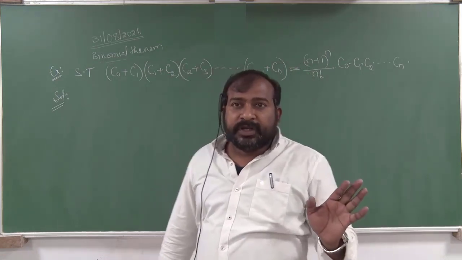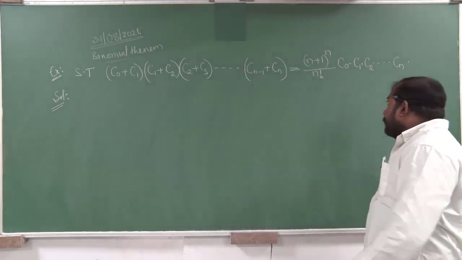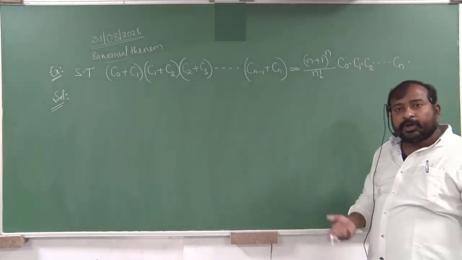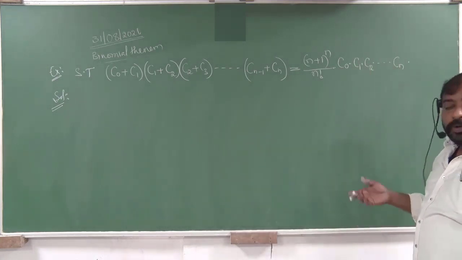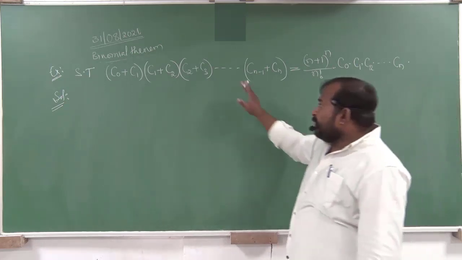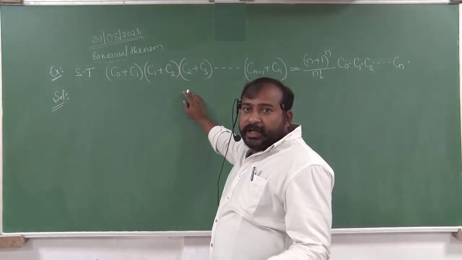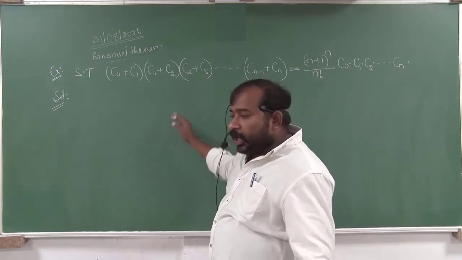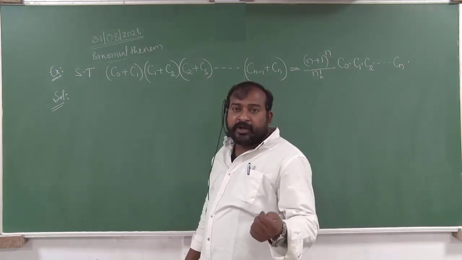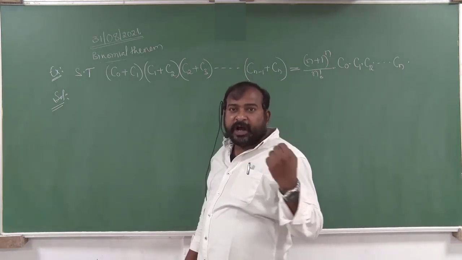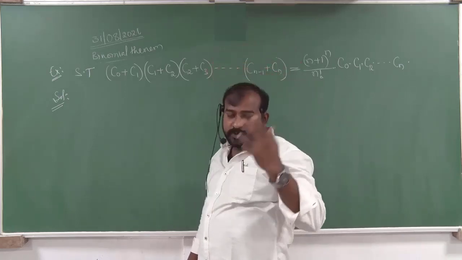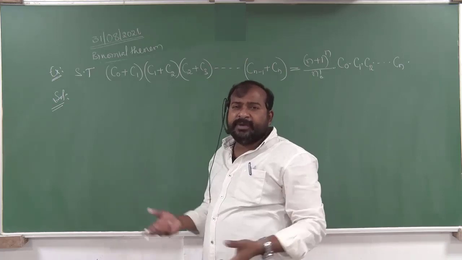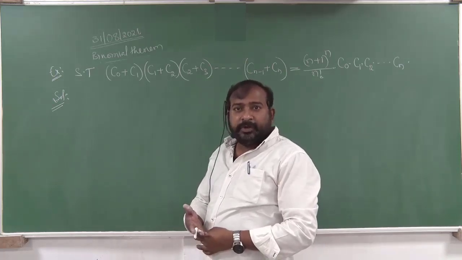In the verification method, you can take n equal to any one particular value, like n equal to 2, or n equal to 1, or n equal to 3. You can simplify the given value and you will get some numerical value. In the options also, whatever n value you chose, substitute it in each and every option. For whichever option you get the question's value, that will be the answer. I hope you can understand.